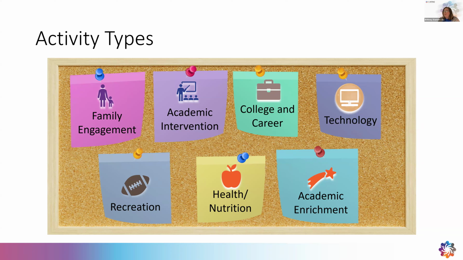We can be really creative and do things that provide students with unique opportunities that they would not necessarily have anywhere else. So we know 21st Century requires some kind of academic enrichment, and you have to be providing other enrichment opportunities. But there are other pieces too.